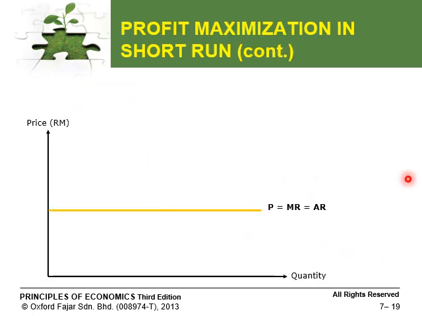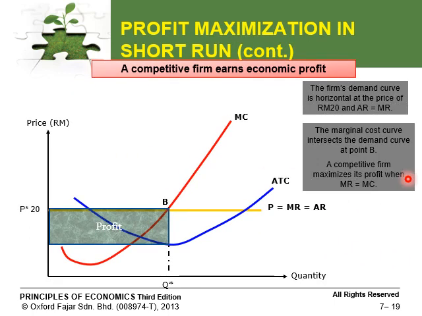In the short run, how does a firm in a perfect competition market make a profit? Here, you can see they are using the marginal approach, where marginal cost intersects with marginal revenue at this point.